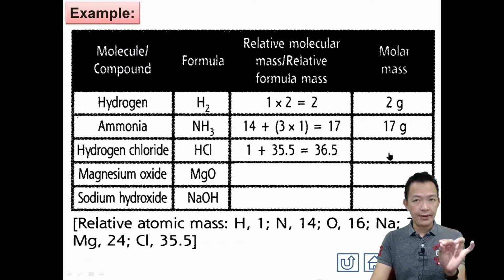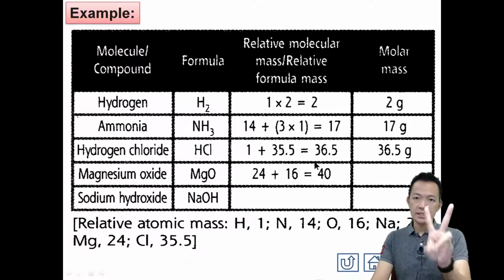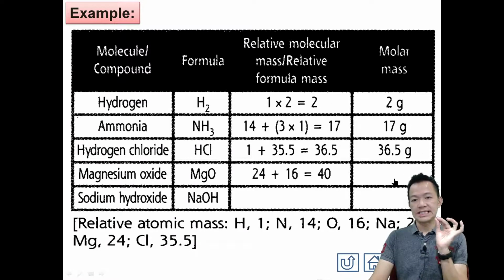So 1 mole 的 hydrochloric acid 36.5 gram. Magnesium oxide, magnesium 24 加 oxygen 16, 40 啦。1 mole 40 gram.